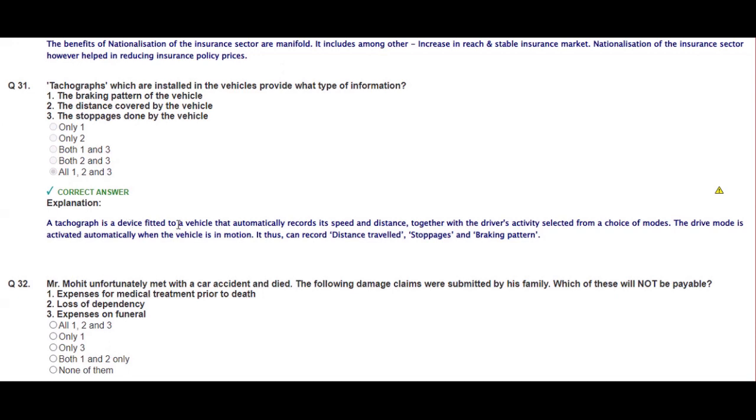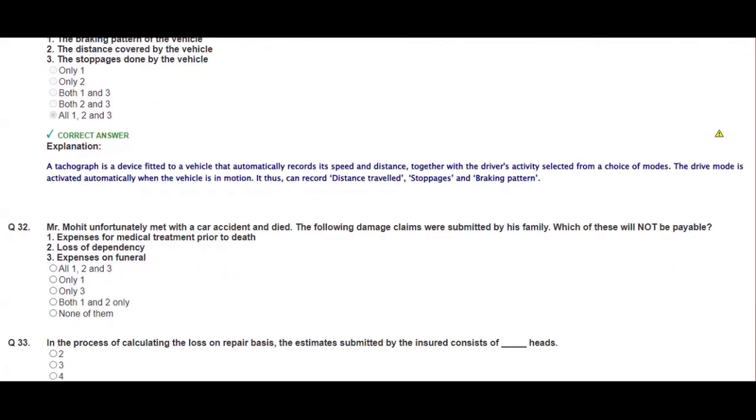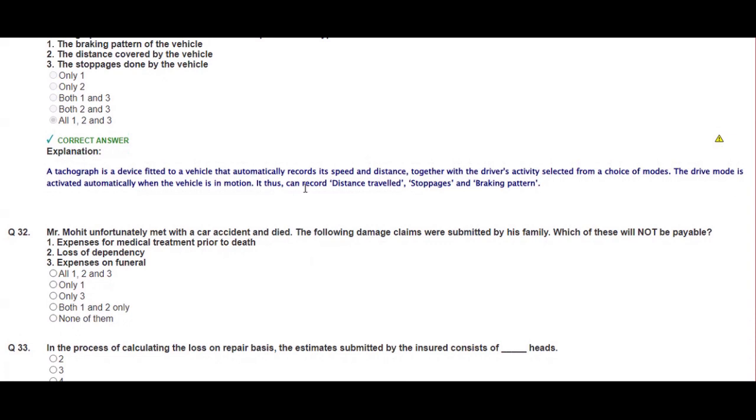The tachograph is a device fitted to the vehicle automatically recording speed and distance, together with which the driver activity is selected from a choice of modes. The drive mode is activated automatically when the vehicle is in motion. It thus can record distance traveled, stoppage and braking pattern.